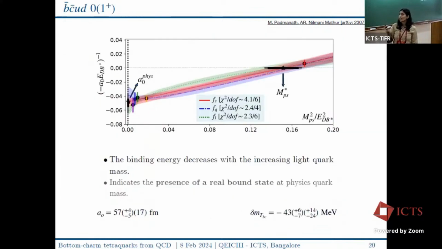And then for the different pion masses, we do the chiral extrapolation to the physical point, the physical light quark mass. And then we actually see a bound state in this axial vector channel, which hints towards a bound TCC, which could be seen in experiments. And we get a binding of minus 43 MeV, with statistical and systematic errors as shown here.